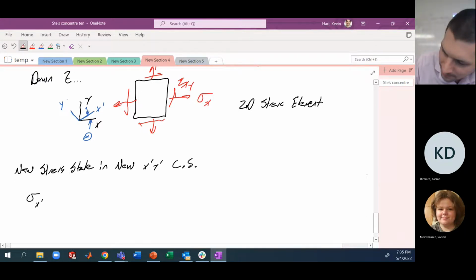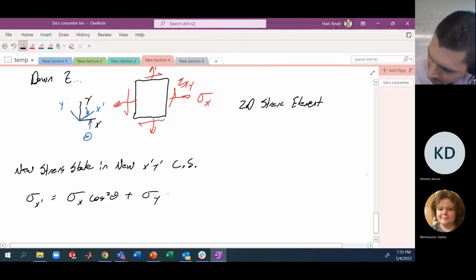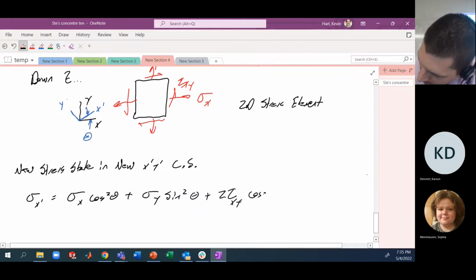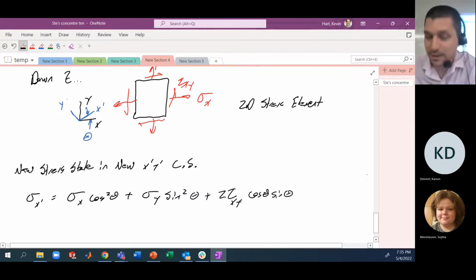And that would look something like sigma x cosine squared theta plus sigma y sine squared theta plus 2 tau x y cosine theta sine theta.